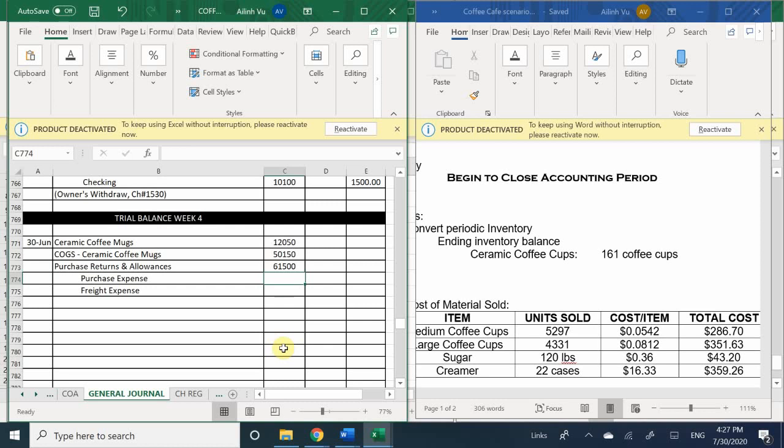Okay. What is purchase expense? 6100. What is freight expense? 60300. Okay. All right, let's piece our information together.